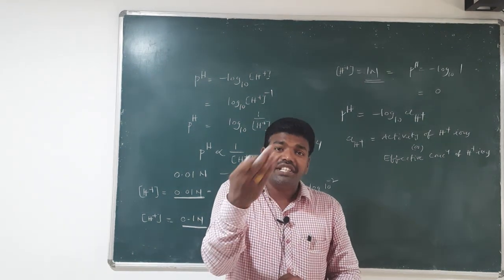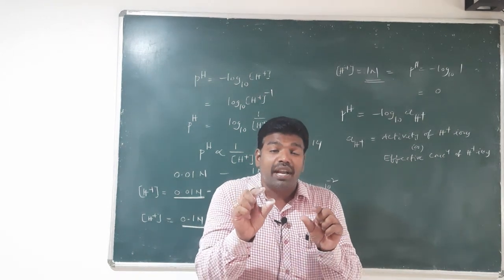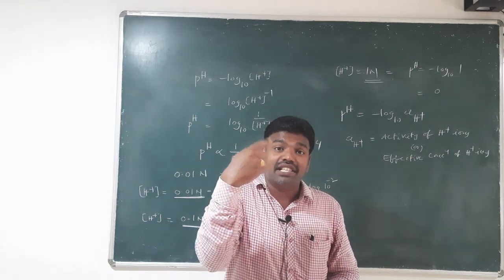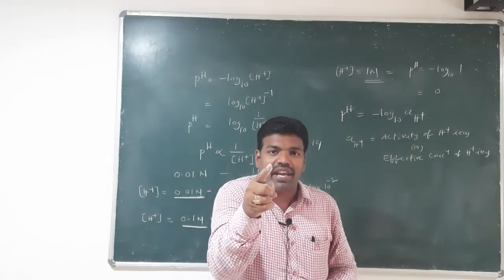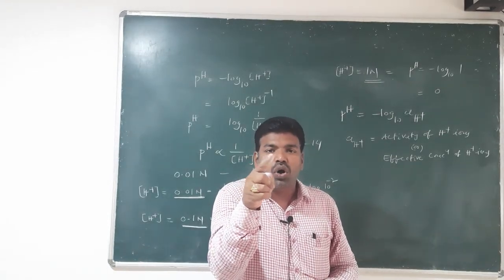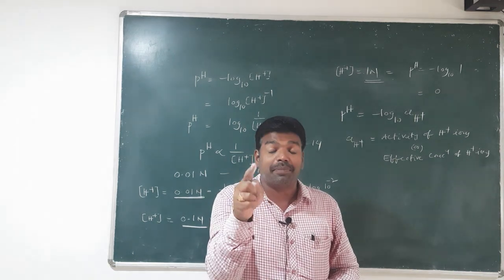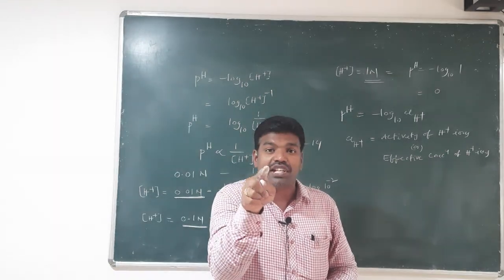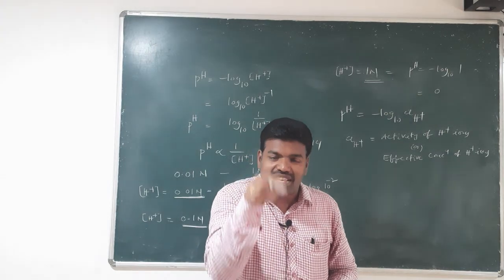So with increasing the concentration, the number of H plus ions increases in the solution. That's why there is no free movement of H plus ions. That means the activity of H plus ions would be less.